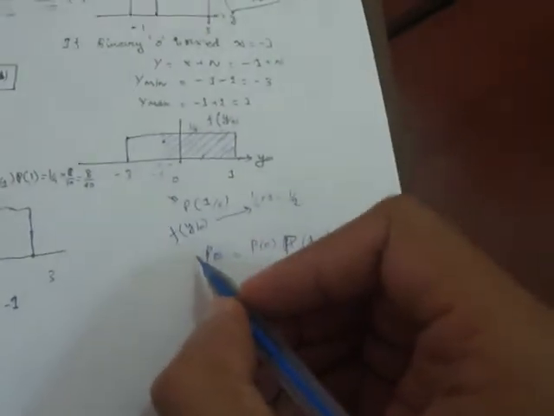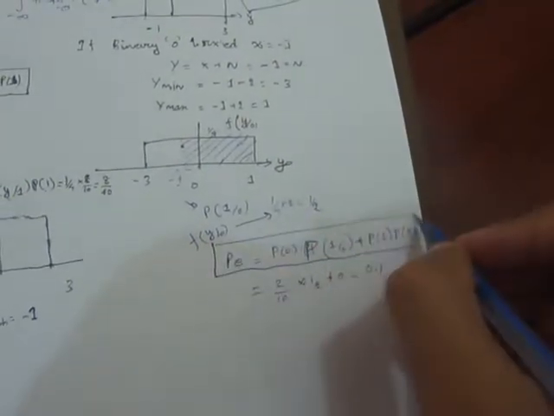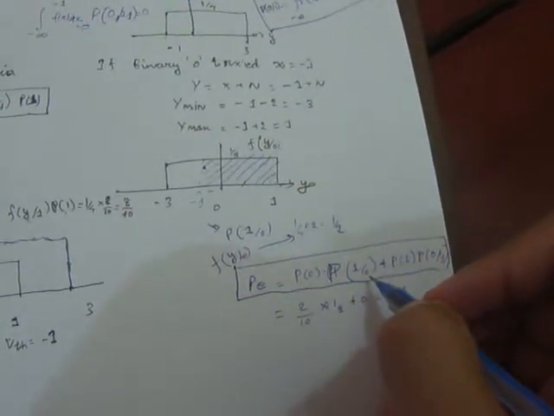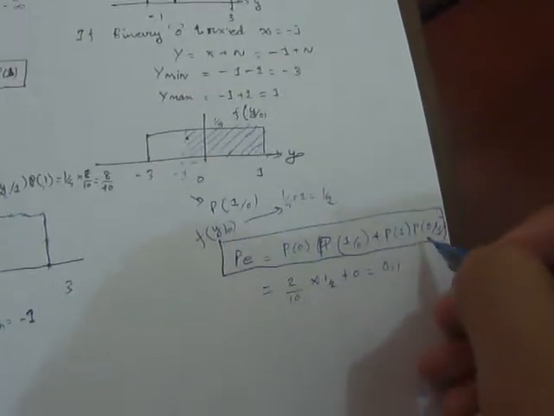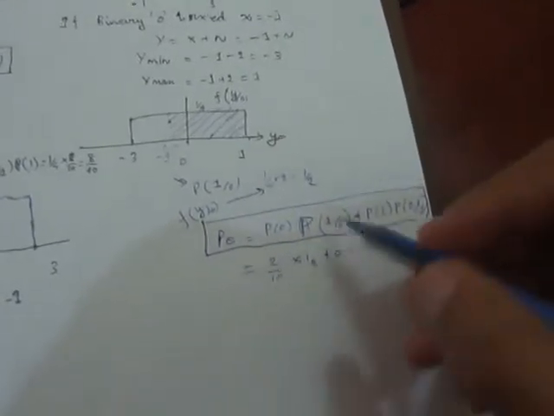Then the minimum probability of error is given by probability of 0 into probability of 1 received when 0 is transmitted, plus probability of 1 into probability of 0 received when 1 is transmitted.